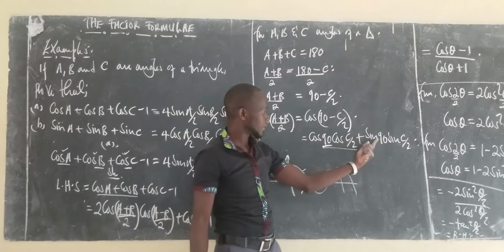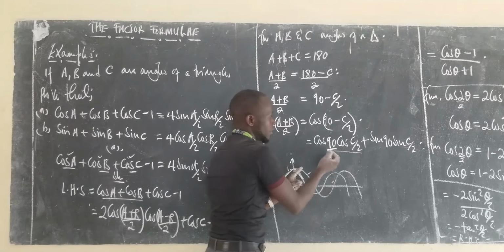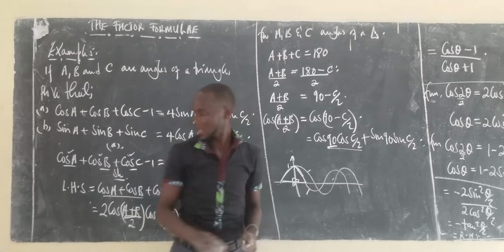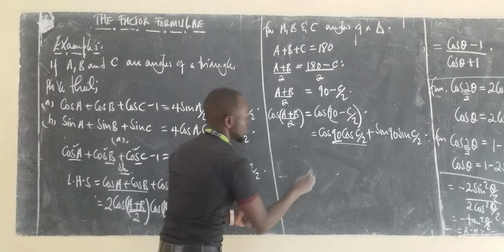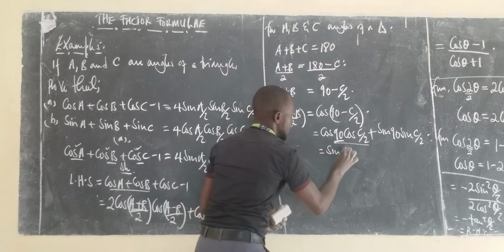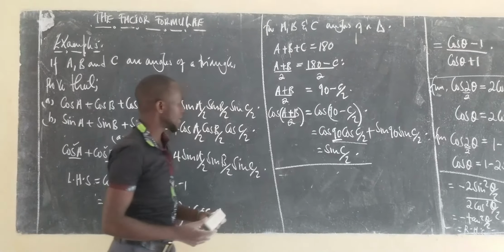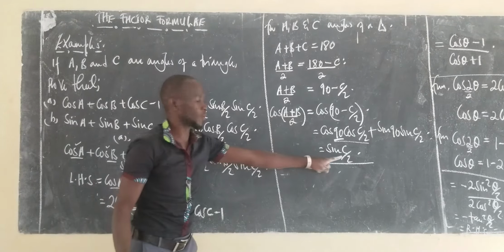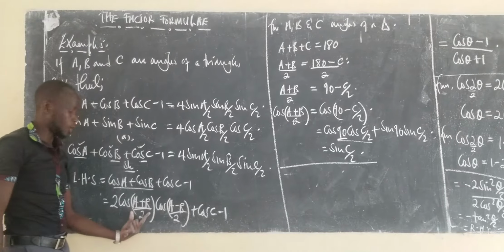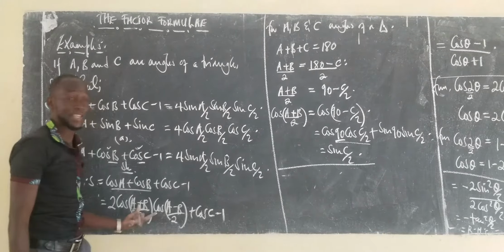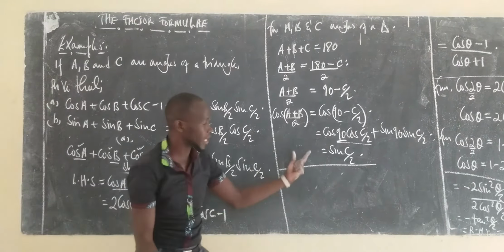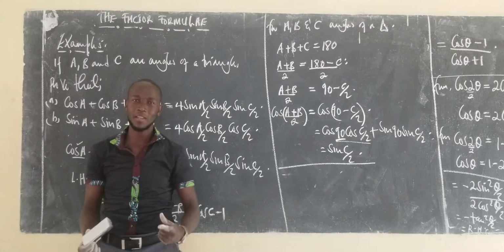If the sine of 90 becomes 1, this one is 0, and this is 1 times sine C over 2. So we shall have this one as sine C over 2. After realizing that cos (A plus B) over 2 equals sine C over 2, now you're sure of what we put here. Remember, the answer is in terms of sine, yet here we have cosines, and so we are struggling to take all the cosines into the sines that these people want.